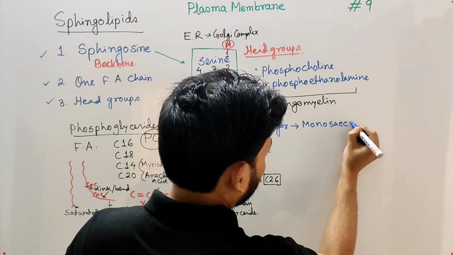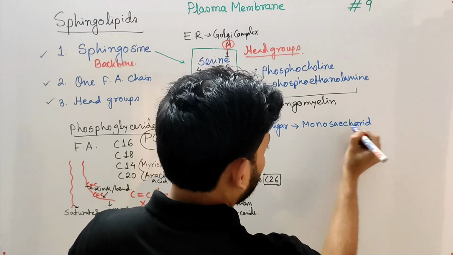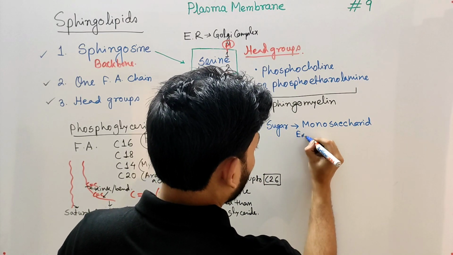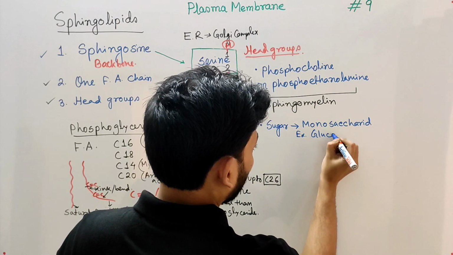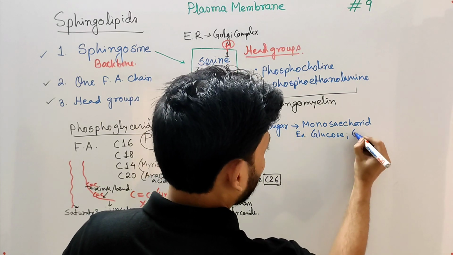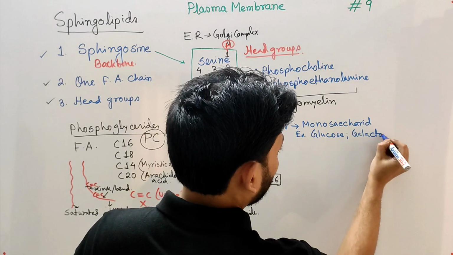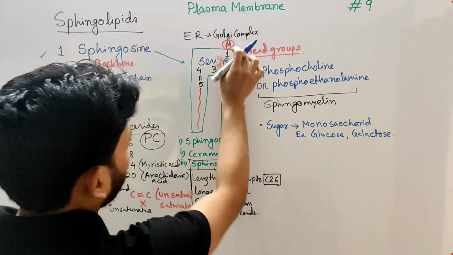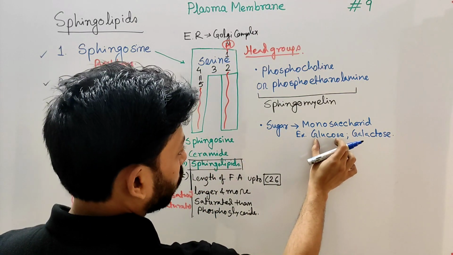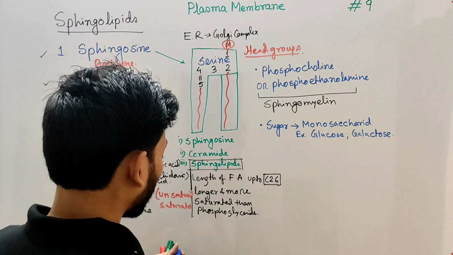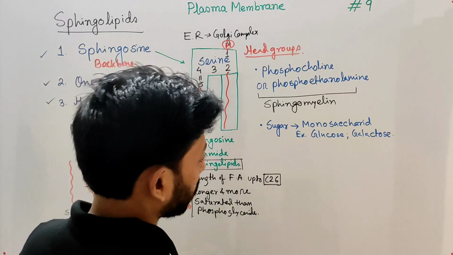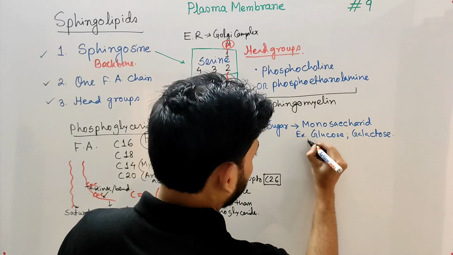Monosaccharide, for example glucose or galactose. So see here, the head group could be a monosaccharide like glucose or galactose. Then we call this type of sphingolipid cerebroside.